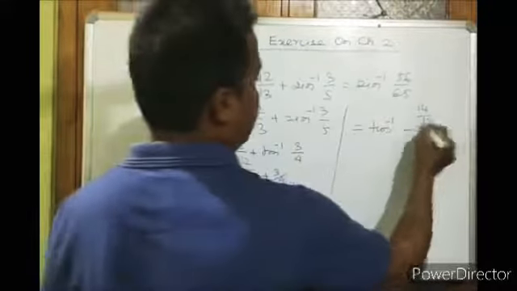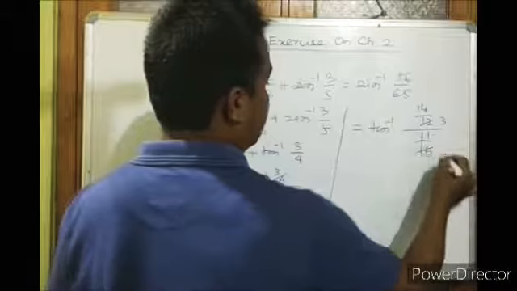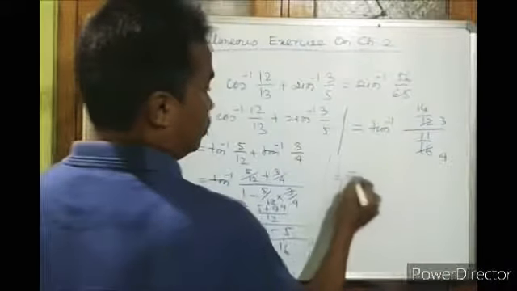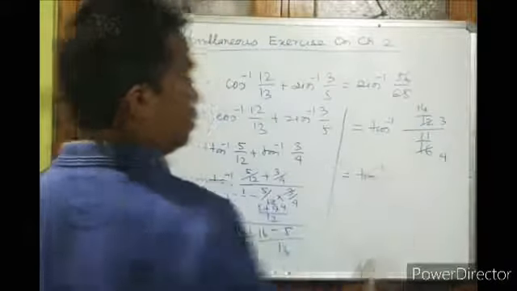So you cancel it. 4 3s are 12, 4 4s are 16.